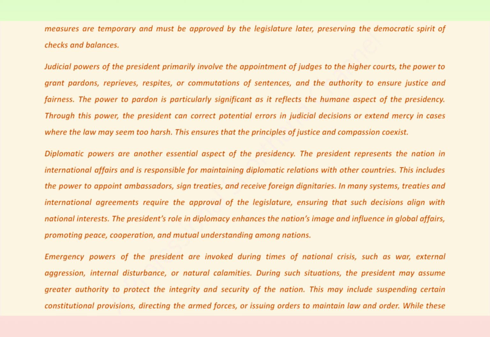Emergency powers of the President are invoked during times of national crisis, such as war, external aggression, internal disturbance, or natural calamities. During such situations, the President may assume greater authority to protect the integrity and security of the nation. This may include suspending certain constitutional provisions, directing the armed forces, or issuing orders to maintain law and order.